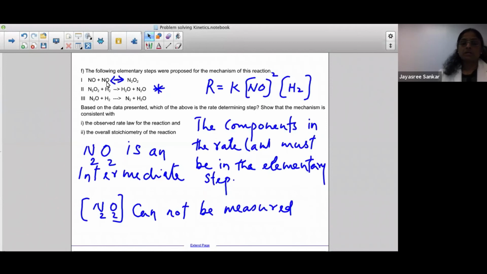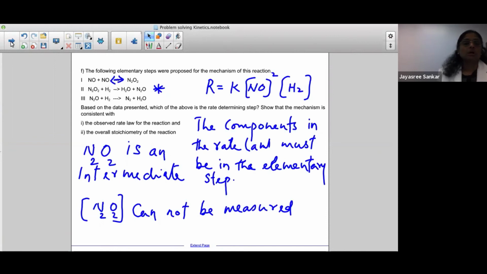So I would consider step 2 as the most appropriate elementary step, or the step determining the rate law, the slow step, just because it has the hydrogen in it, and I see that N2O2 can be substituted from the first step.